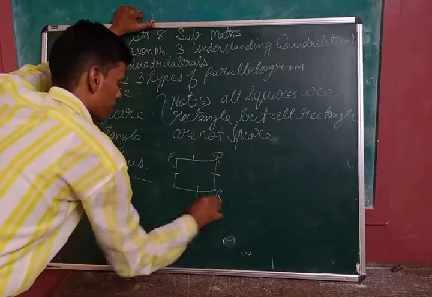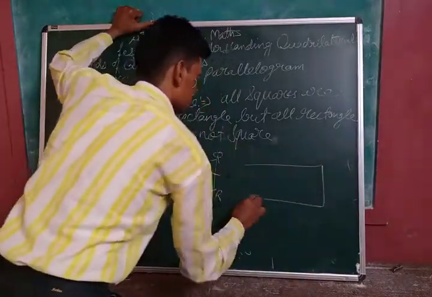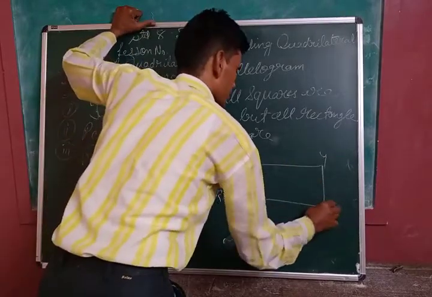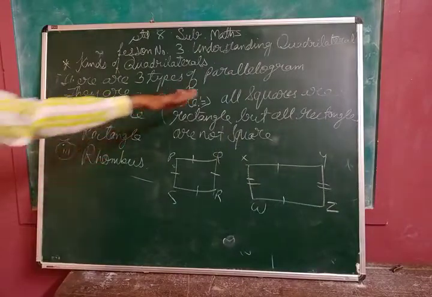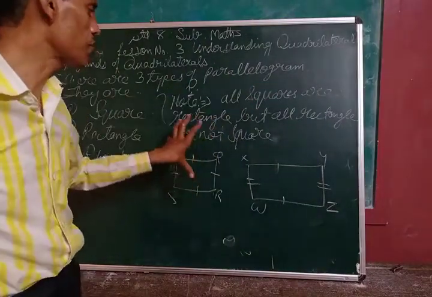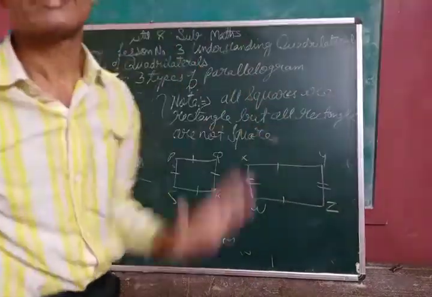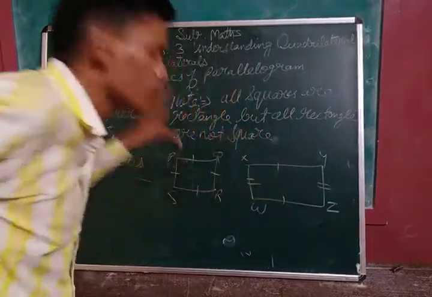P, Q, R, S, X, Y, Z, W. I said all squares are rectangle because all the property of square are also in rectangle. But all property of rectangle is not in square.